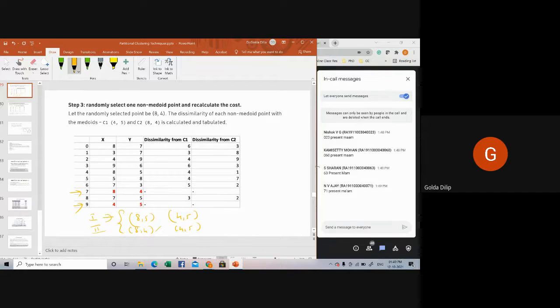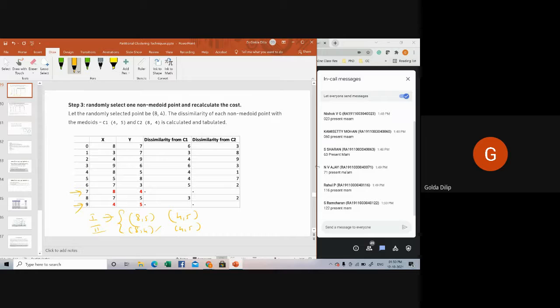Rahul P, 116, is present, noted in the chat window. Suhasini, present, ma'am. Vithun, present, ma'am. Adityan, present, ma'am. Class rep is absent today, yeah?